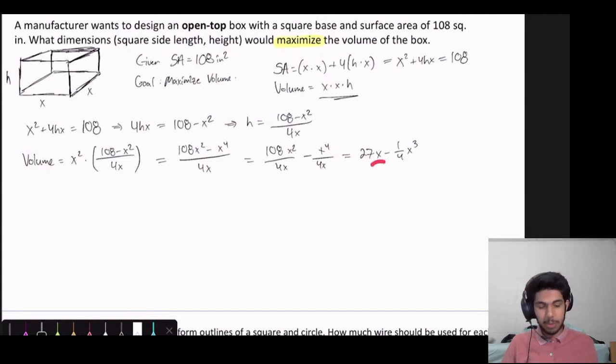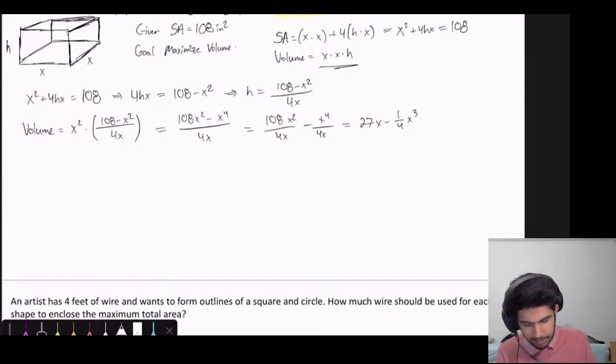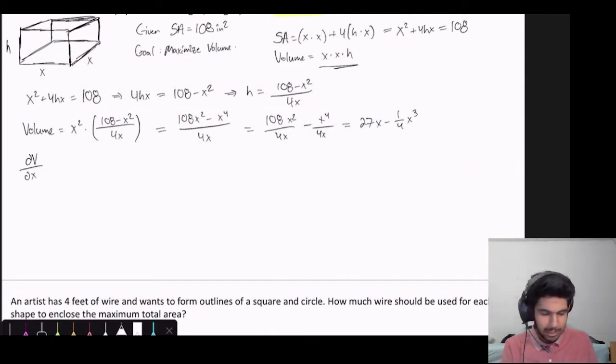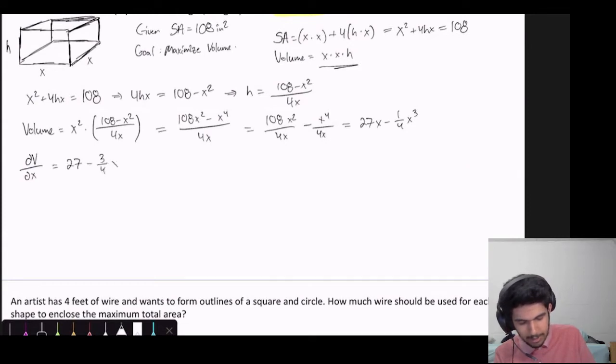And then using that, we can solve for h because we have h in terms of x. So let's just do it. So the derivative of volume in terms of our side length x with respect to x equals 27 minus 3/4 x squared.